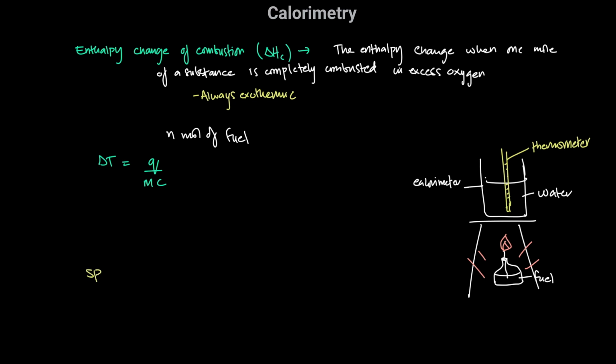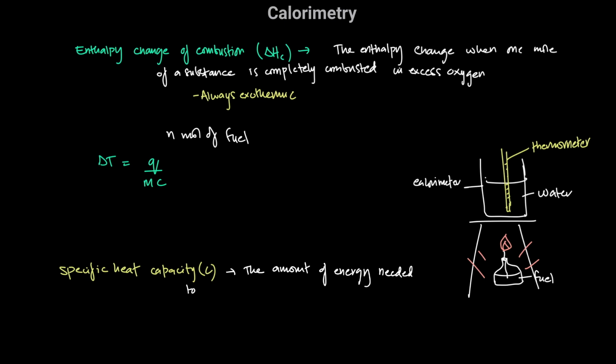The specific heat capacity has the symbol c, lowercase c, and refers to the amount of energy needed to increase the temperature of 1 gram of a substance by 1 degree Celsius or by 1 Kelvin.